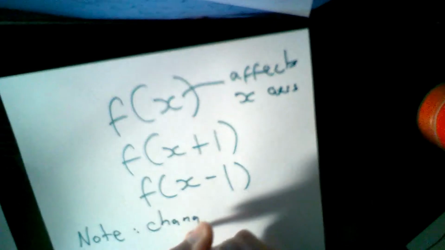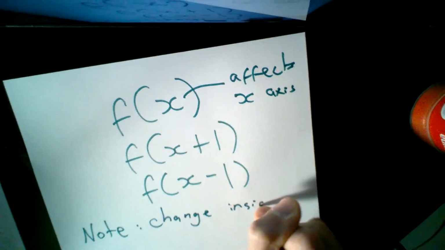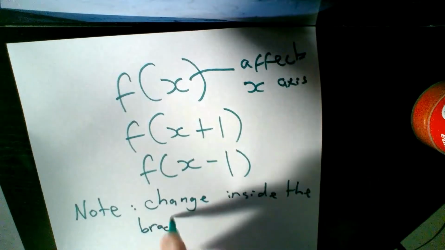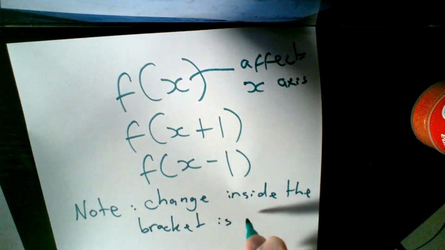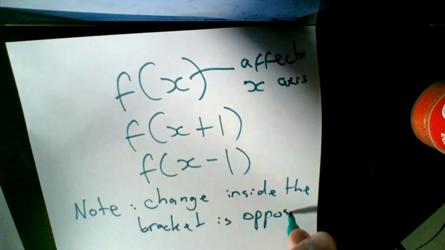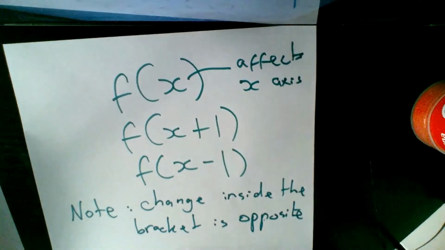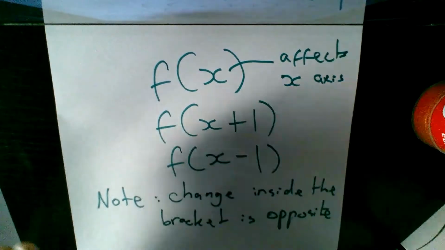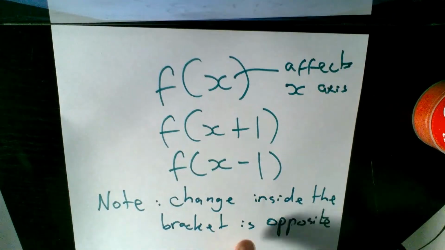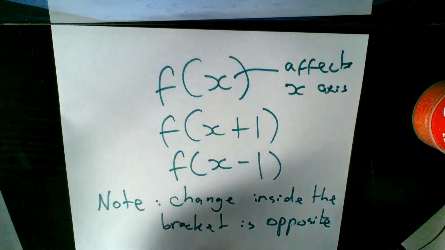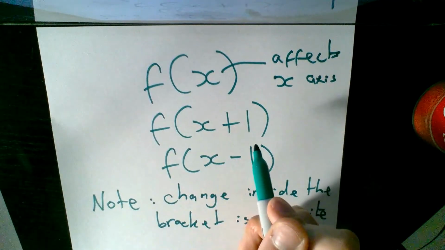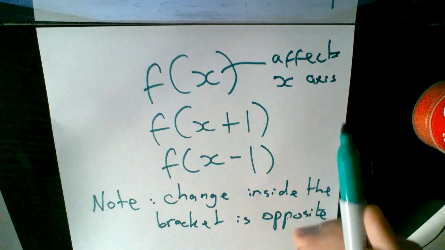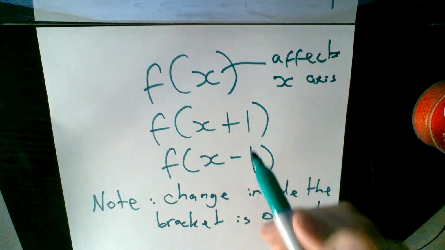Okay, so if it's x plus 1, we change the x-axis, but there's a note: the change inside the bracket is opposite. You have to remember this. This is really important. You might get many graph questions on it, and if you get this step wrong, it will ruin the whole thing. So when the change is inside the brackets, we know that it affects the x-axis, and it is opposite.